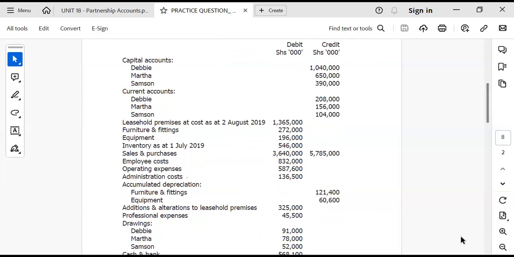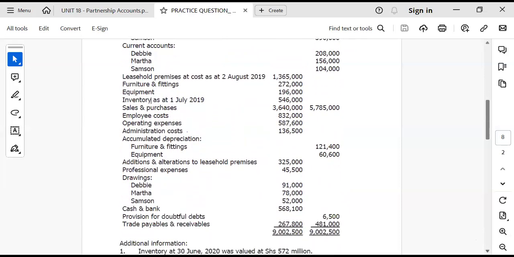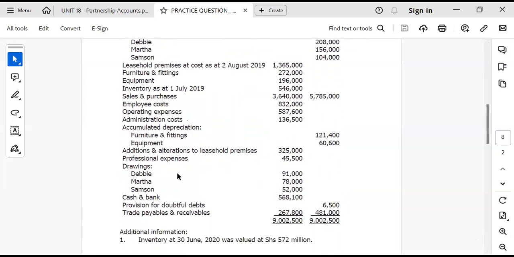Professional expenses, we have that. Drawings, Debbie withdrew that much, Martha withdrew that much, Samson withdrew that much. Cash and bank, this is what we had. Provision for doubtful debts, we provided for 6.5. Trade payables and receivables, this is what we had.